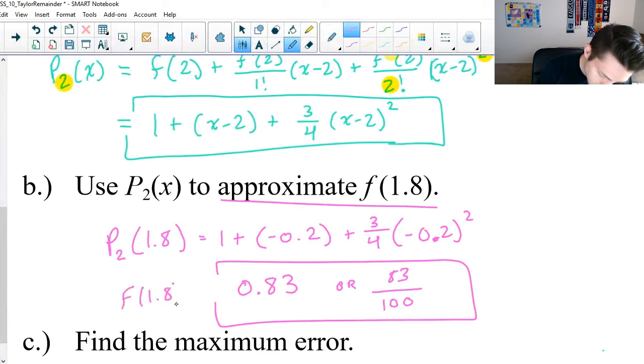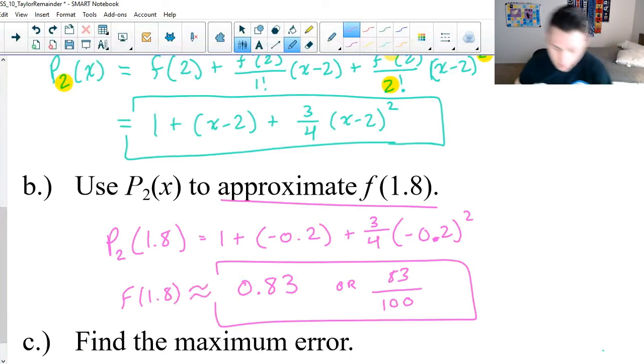So f of 1.8 is approximately 0.83. 830 over 1,000.